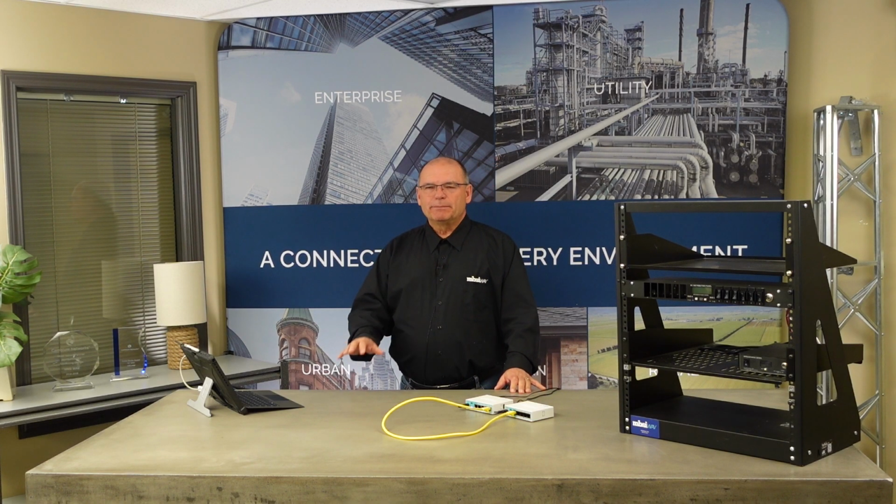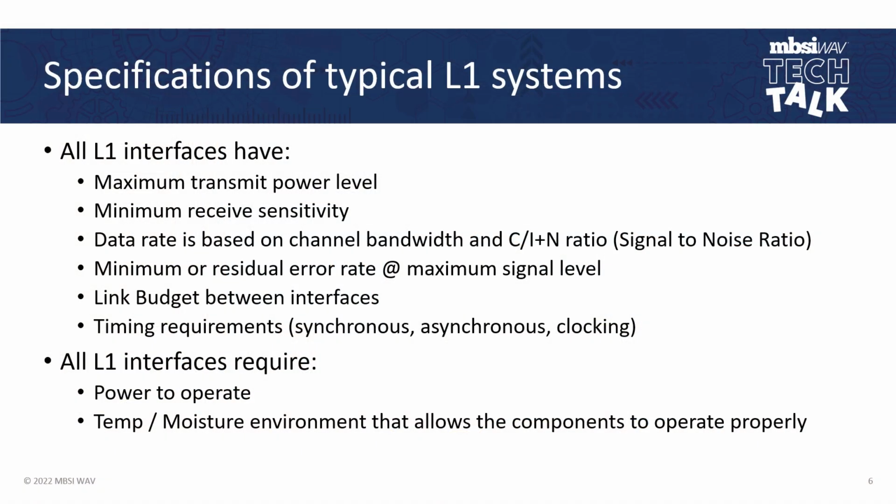So typical layer 1 systems have a maximum transmit power level. Have to have enough power to be able to communicate what we need to say. Too much power, we're wasting it. Too little power, we're not getting there. And so we have to transmit the correct amount of power. We have to have a minimum receive sensitivity. Many things determine what their sensitivity is, everything from bandwidth to how much amplification there is in between the two physical connected devices.